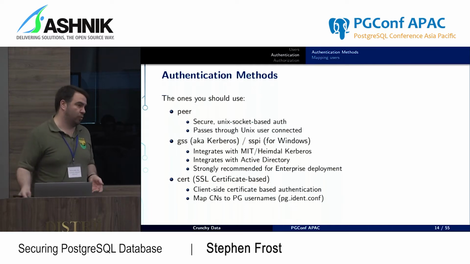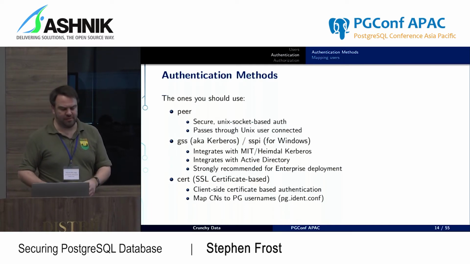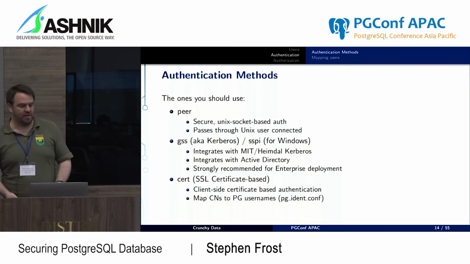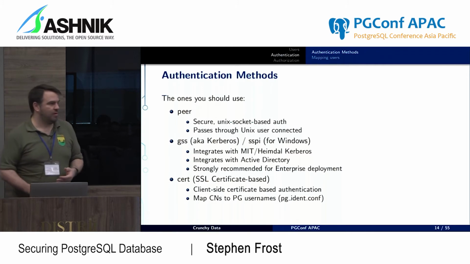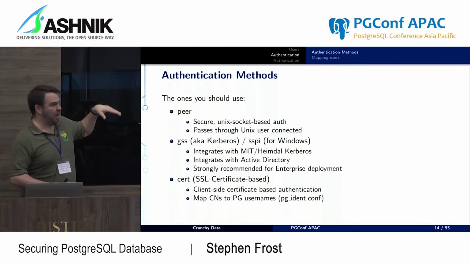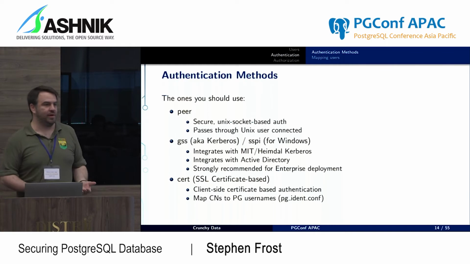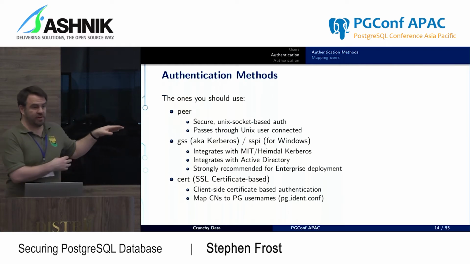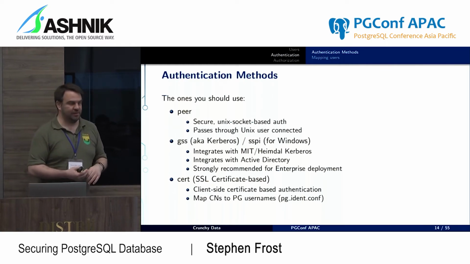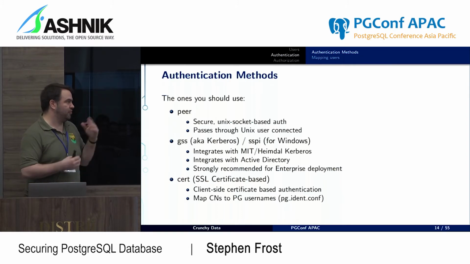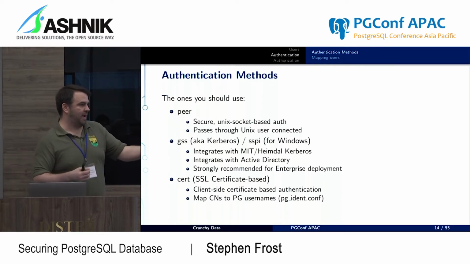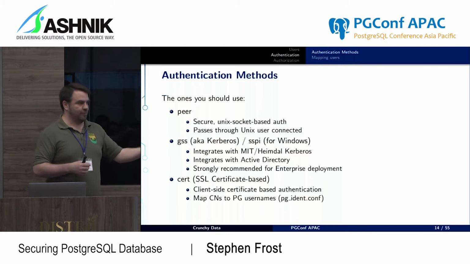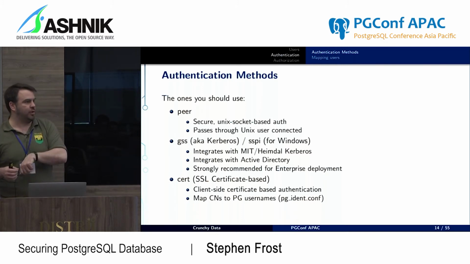GSS is basically Kerberos. SSPI is basically Kerberos for Windows. So this is for integrating with an MIT or Heimdal Kerberos environment or with Active Directory. This is something I strongly recommend if you are already running in an Active Directory environment. This is what you should be using, and it's a very strong security mechanism. There's a lot of documentation about it, but it basically means that the user's password is never seen by the server, and the server's credentials are never seen by the user.